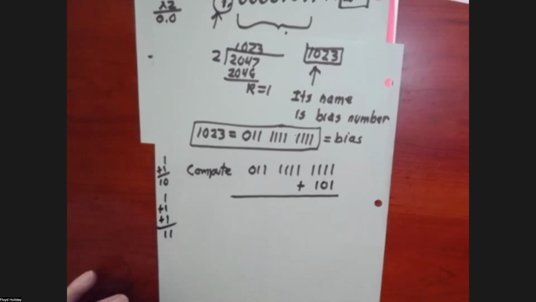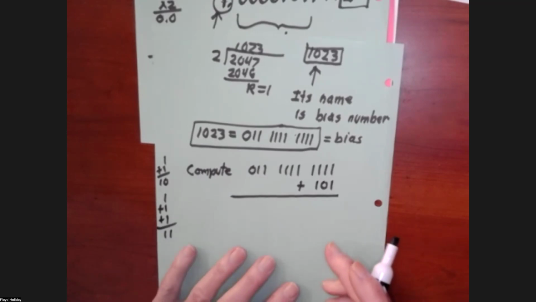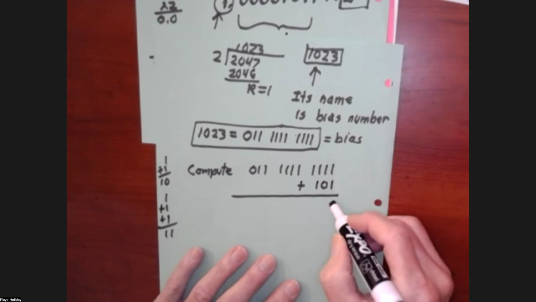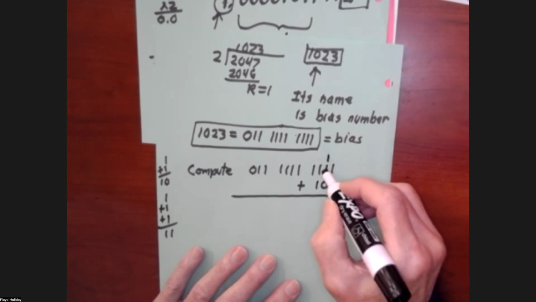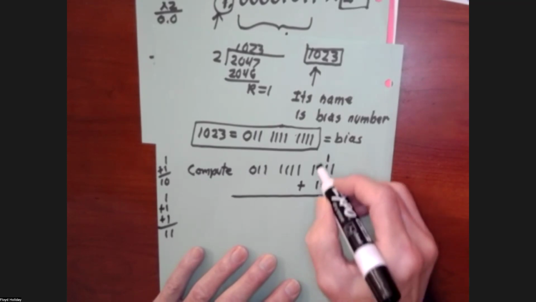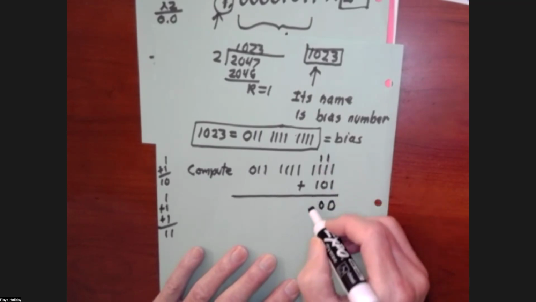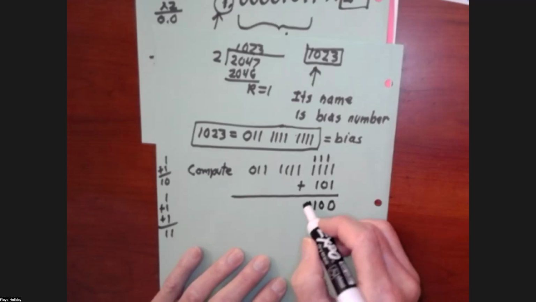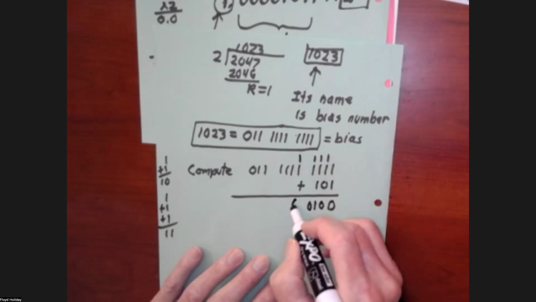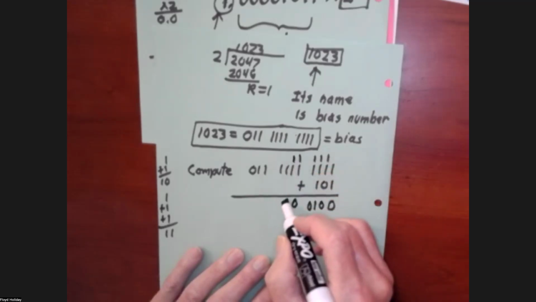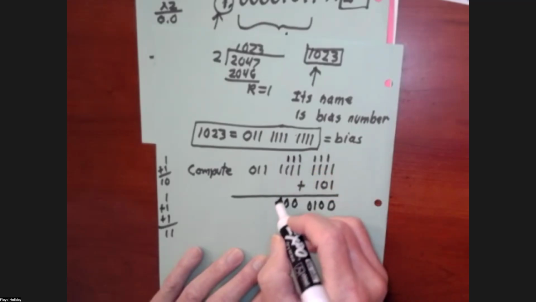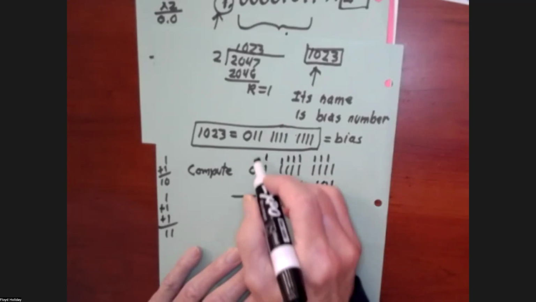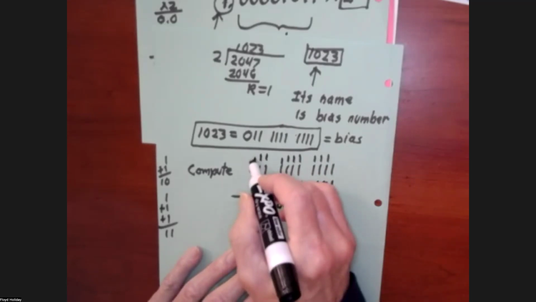Okay, let's add. 1 and 1 is 10, carry 1. 1 and 1 and 0 is 10, carry 1. 3 ones in a row is 11, carry 1. 1 and 1 is 0, and the result is 10000000100.